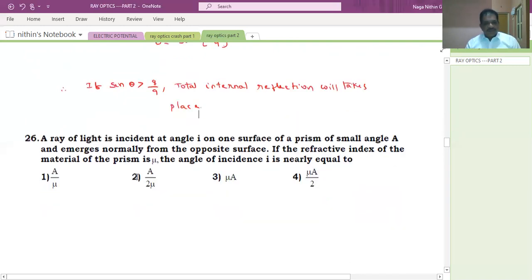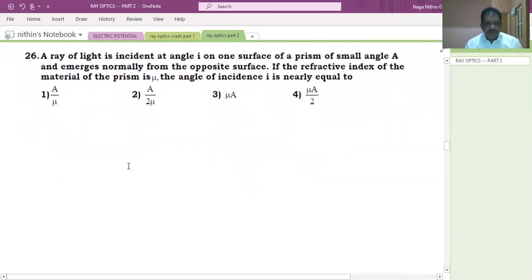Now see the next question. Ray of light is incident at an angle I on the surface of a prism of small angle A and emerges normally from the opposite face. Refractive index of the material of the prism is mu. Angle of the incidence is nearly equal to. Okay. So light ray is incident at an angle of I, small angled prism, and emerges normally from the opposite surface.